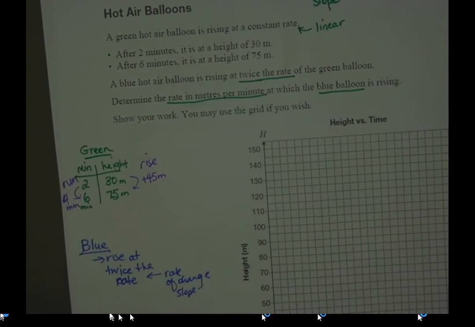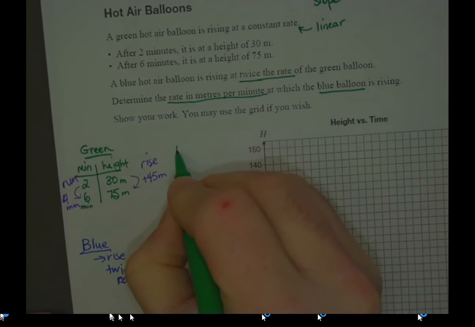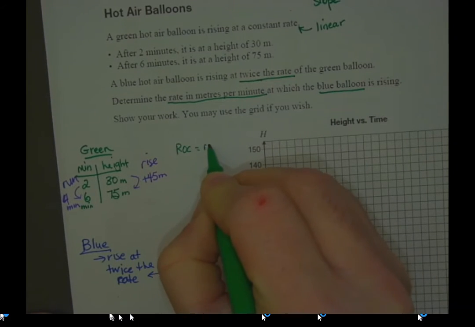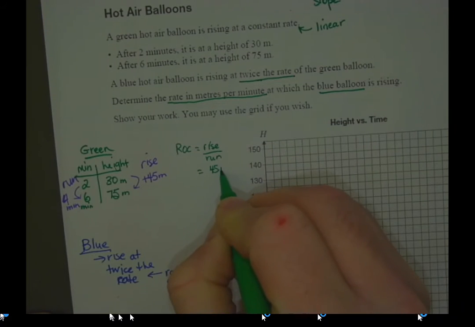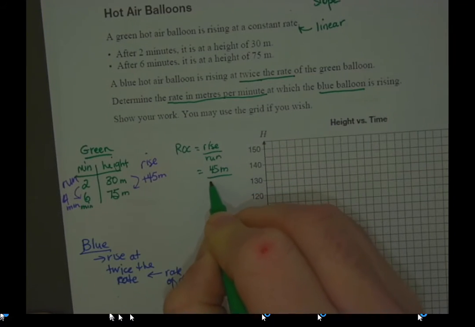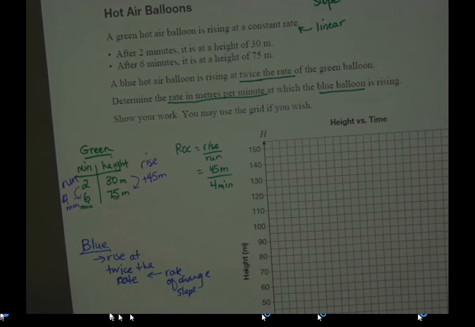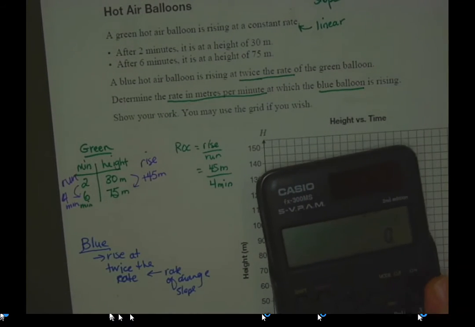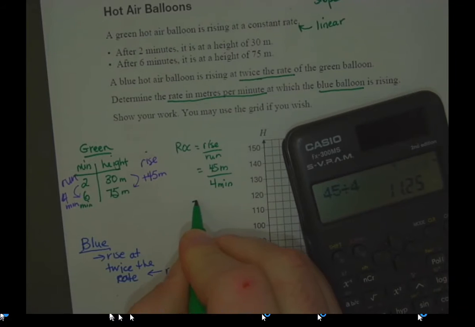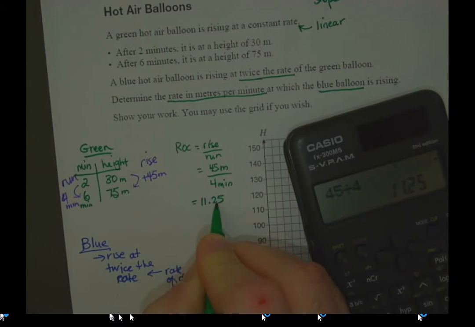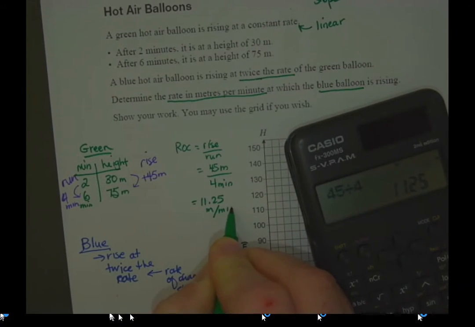So now we can say our rate of change, rise over run, is 45 meters over 4 minutes. And you could divide that out. I could take 45 divided by 4. All right. That one's 11.25 meters per minute.